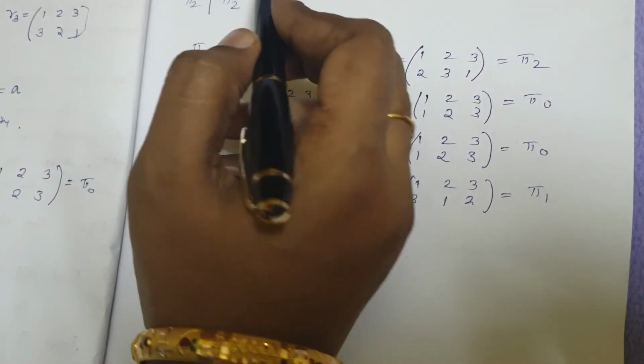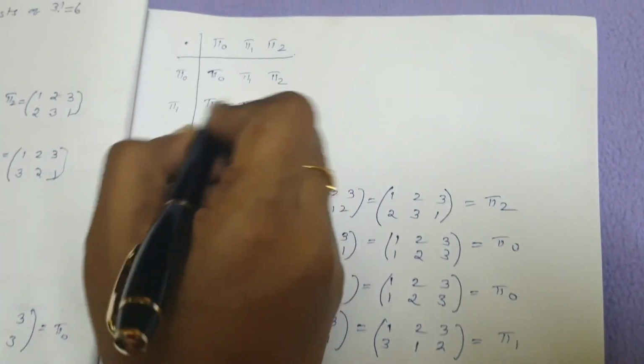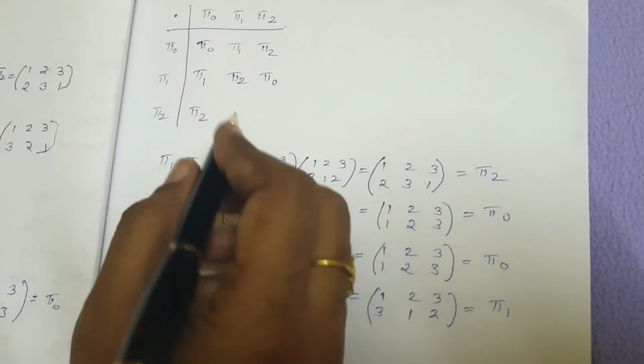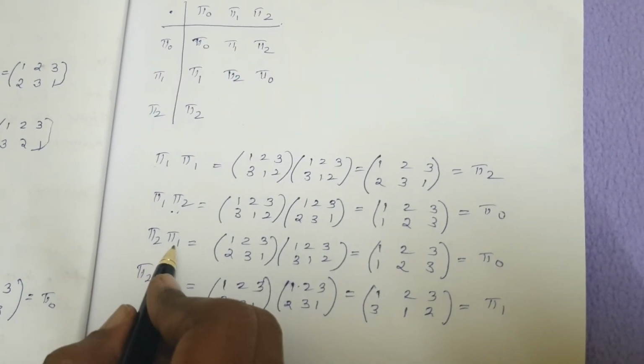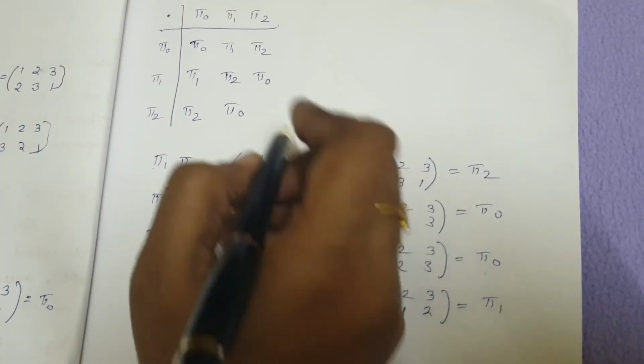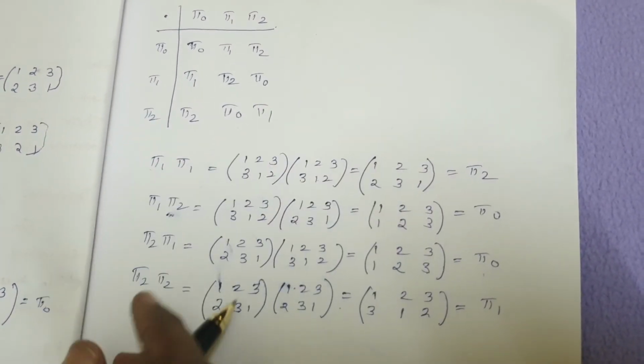Pi 1 into pi 1 is pi 2. Next, pi 1 into pi 2 is pi naught. Pi 2 into pi 1 value is pi naught, and pi 2 into pi 2 is pi 1.